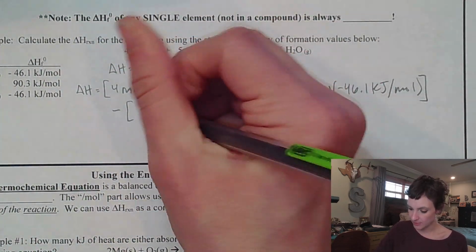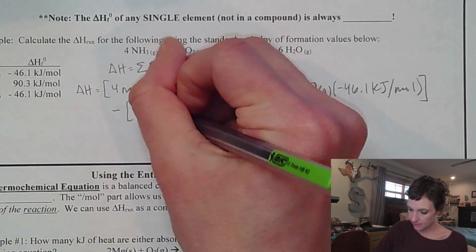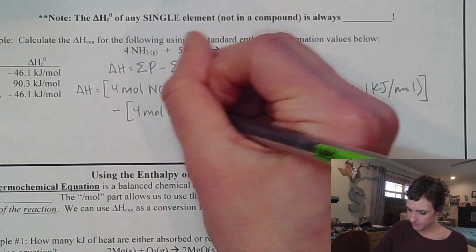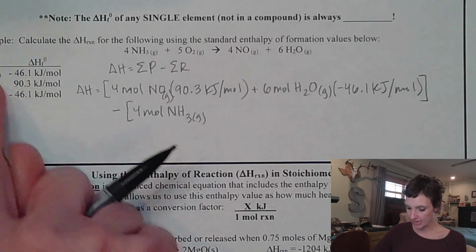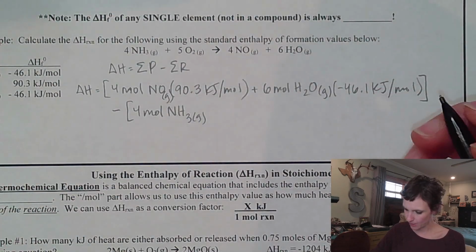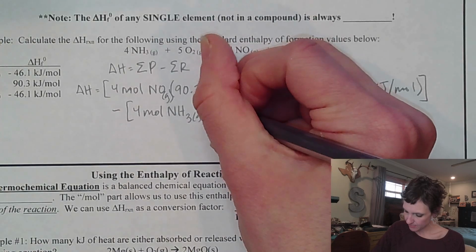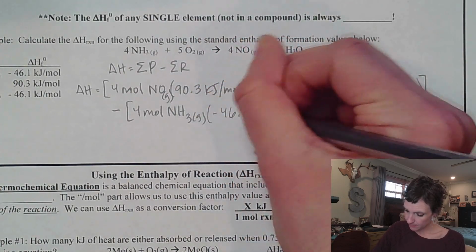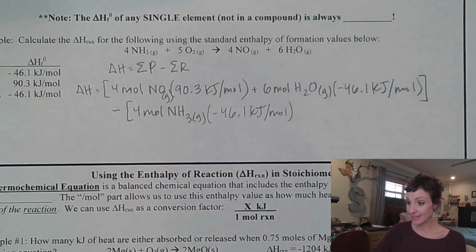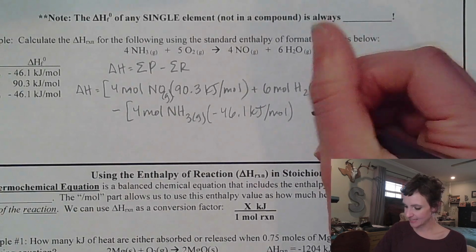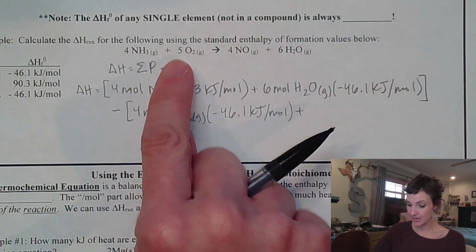I got 4 moles of ammonia gas, right? Well, my ammonia here is negative 46.1 kilojoules per mole, right? And then my second reactant, so I'm getting ready to blast him in here, is oxygen.